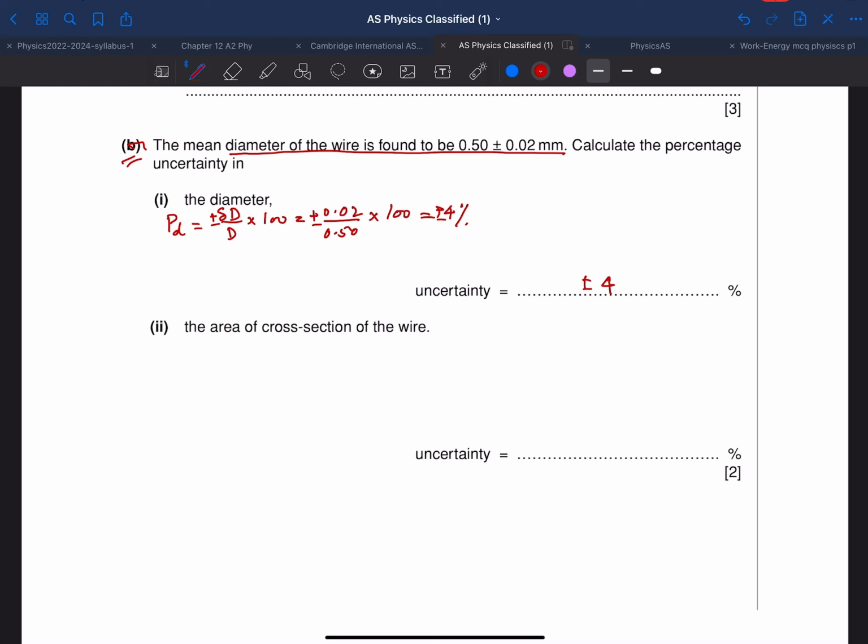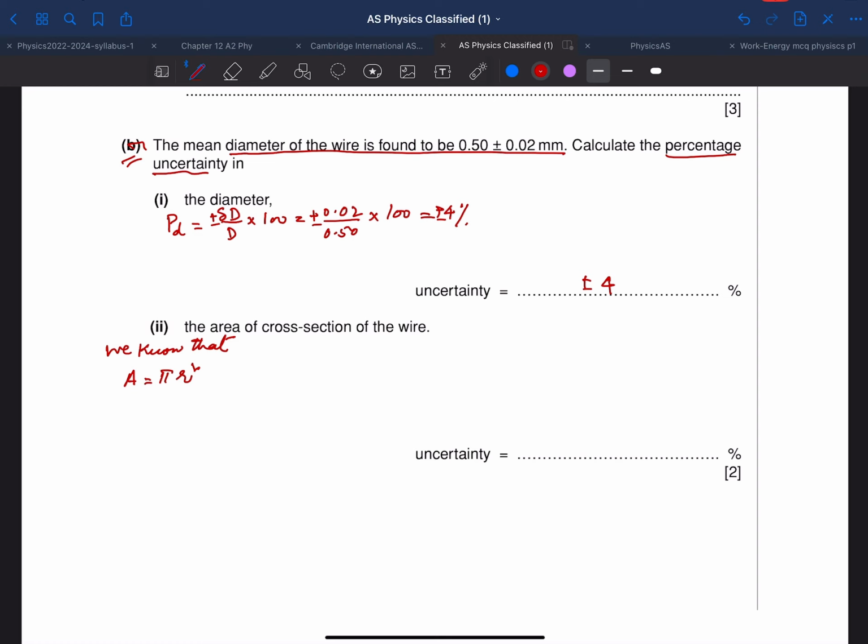Now as far as the second part is concerned, the area of the cross section of the wire. We can write that the area of the wire, given as A, is equal to pi r squared. You need to calculate the area of the cross section, and basically we have to consider the percentage uncertainty.